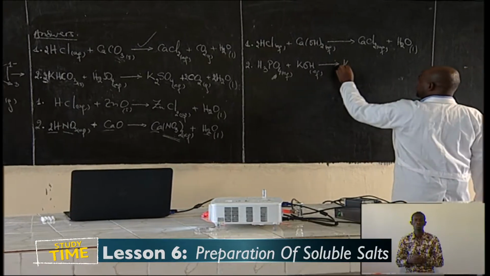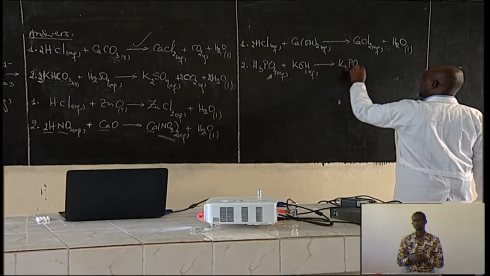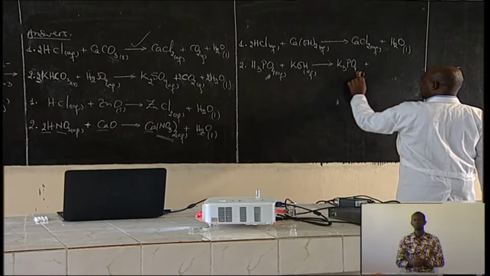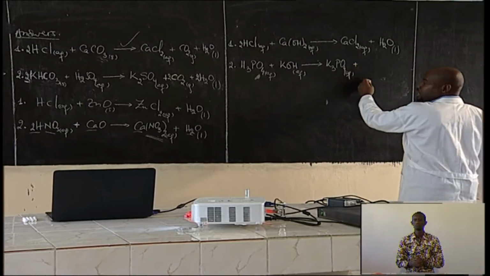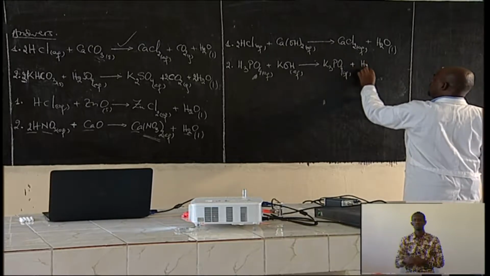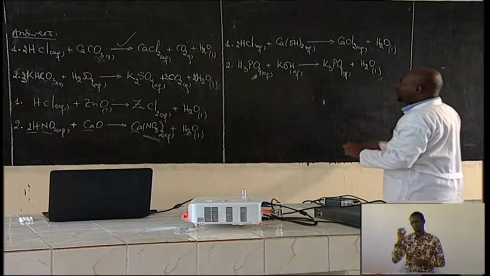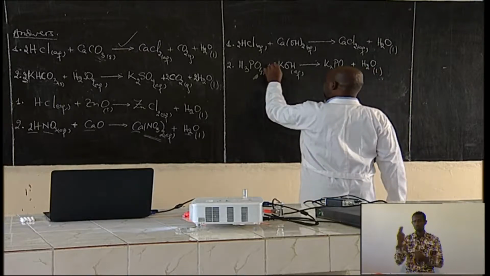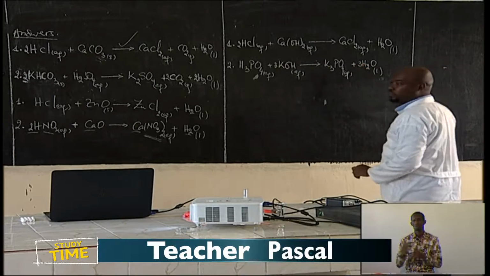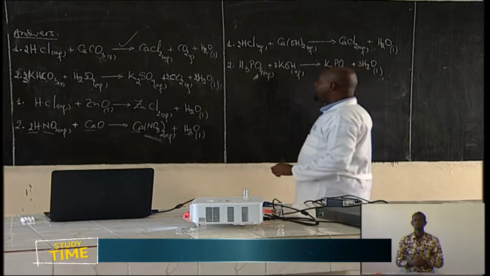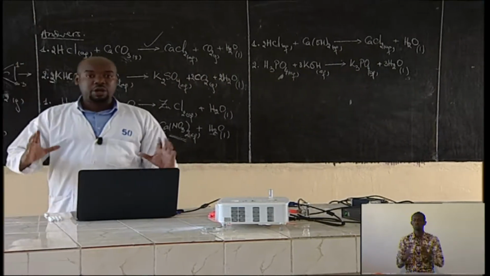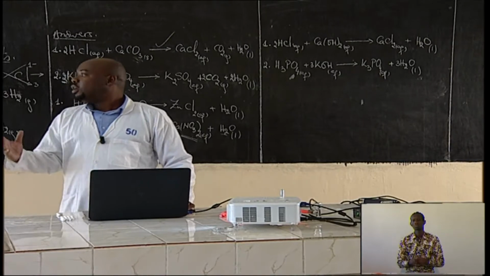We produce potassium phosphate plus H2O. We have 3 potassium, so we put 3 here. And then we have 3 moles of water. And we are done with the common methods we use to prepare soluble salts.